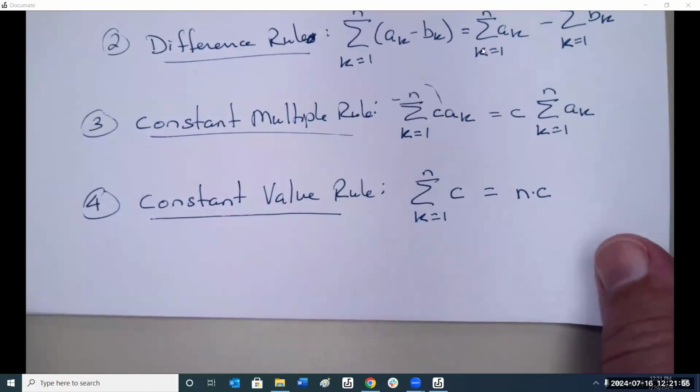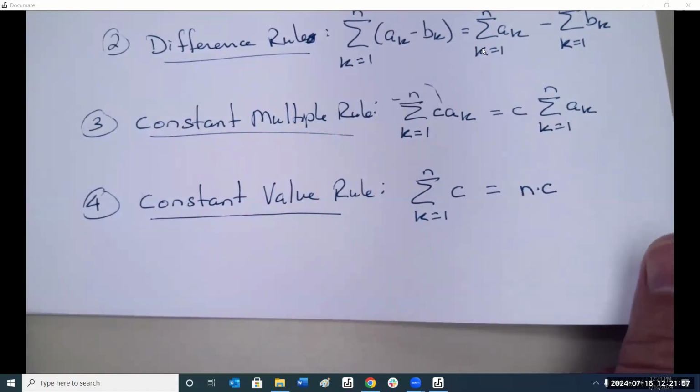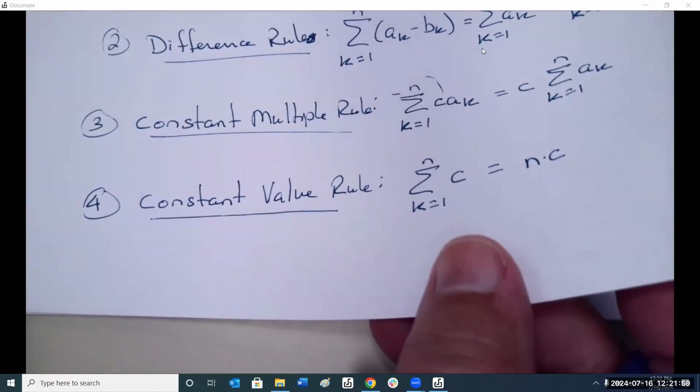All right, let's look at the next set of examples. Example 3. Demonstrate the use of the algebra rules.